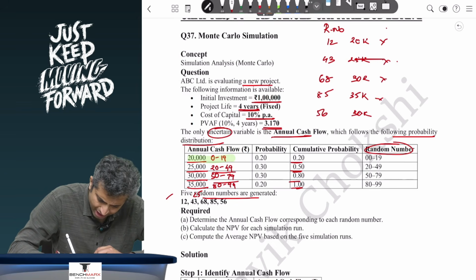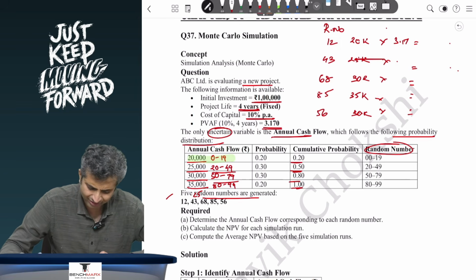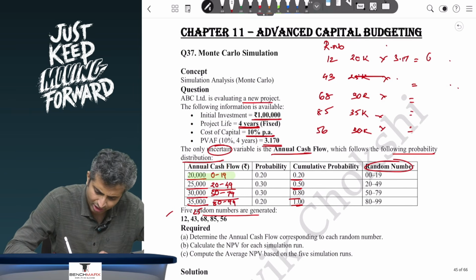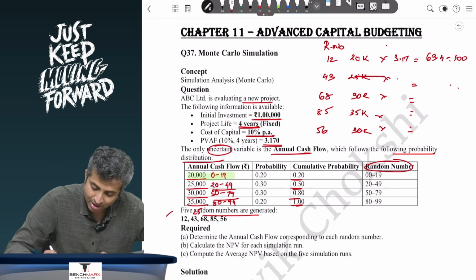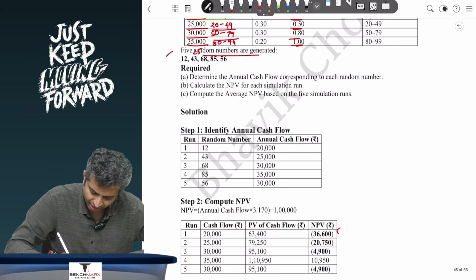I want to find the NPV, so into the PVF, this is 3.17, which means I will get, let us say, 20,000 into 3.17 comes to approximately 63,400 minus your investment, which is 1 lakh. So your NPV comes to a negative, I think, 36,600 in the first lot.